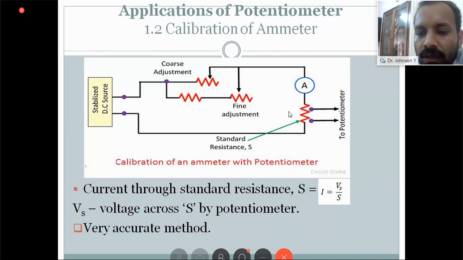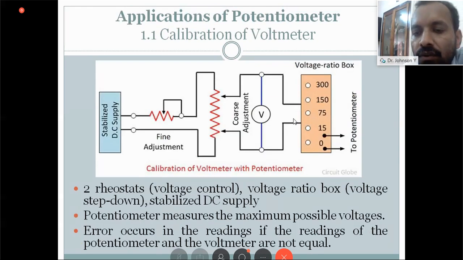Then we use a voltage ratio box. The voltage ratio box is used for reducing the voltage to a lower value, because high-level voltages are difficult to calibrate.